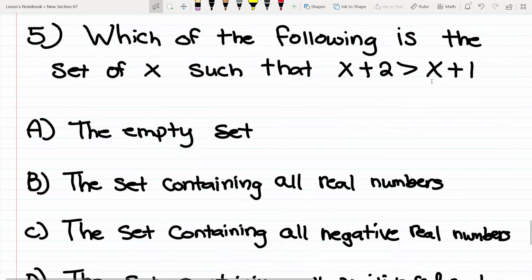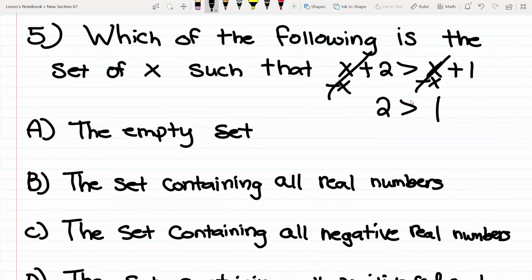So what I would do is try to just get all the x's on one side and simplify, try to solve. I would probably subtract x from both sides. So this cancels, so you're left with 2, and then this cancels, and then this is still greater than, and then you're just left with 1. Okay, so you have 2 is greater than 1.